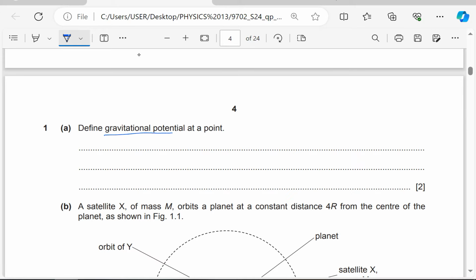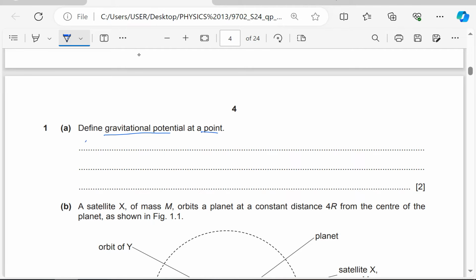So define gravitational potential at a point. Remember, the gravitational potential is the work done per unit mass in moving a mass from infinity to the point. You must have defined gravitational potential and electric potential. For electric potential, it was the work done per unit charge in moving a positive charge from infinity to the point. So for gravitation, it is a mass.